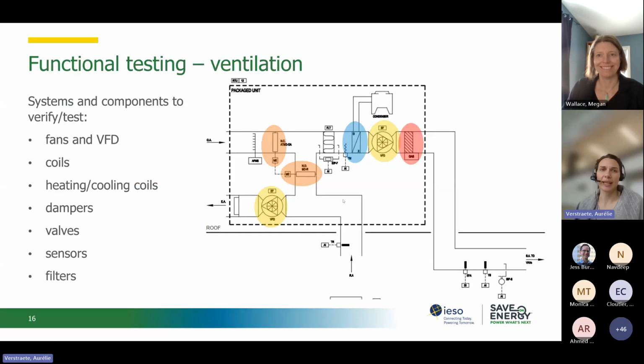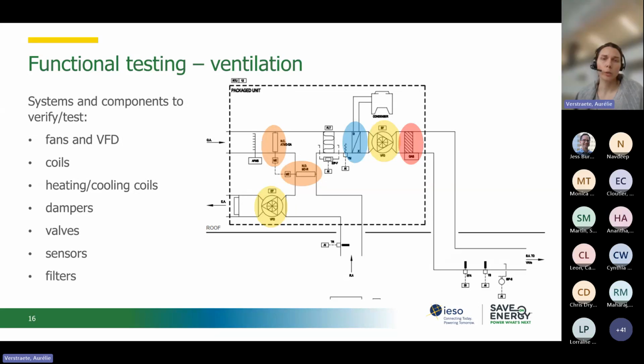Thanks, Megan. I will follow up with the functional testing examples. We will look at functional testing examples for typical systems, starting with ventilation systems. Here you see an air handling unit.